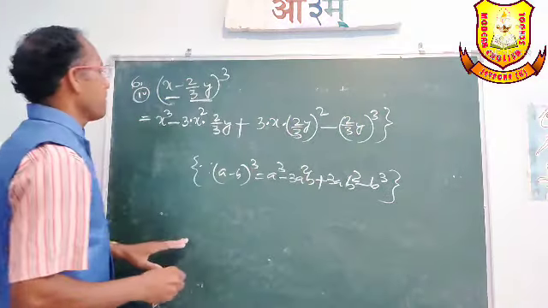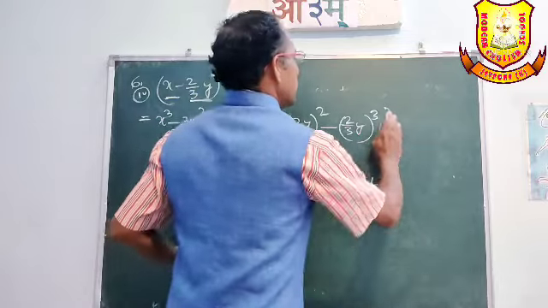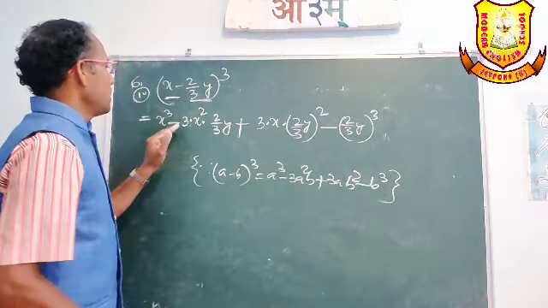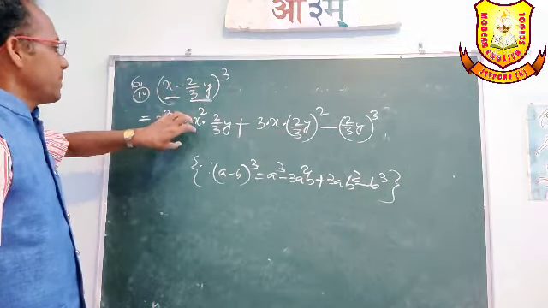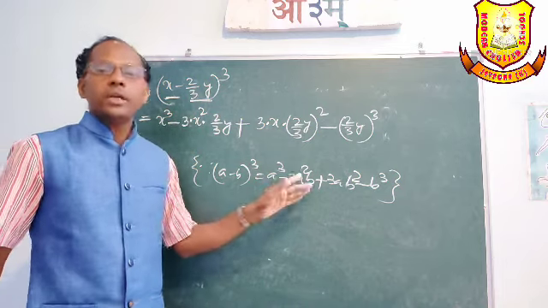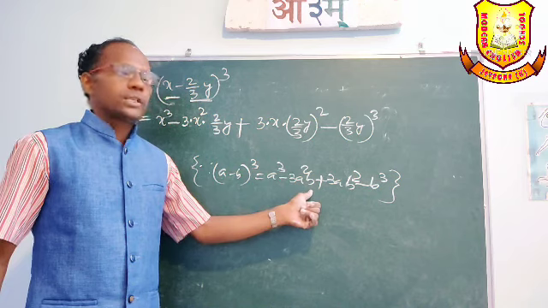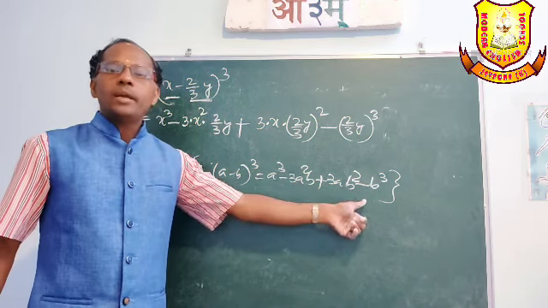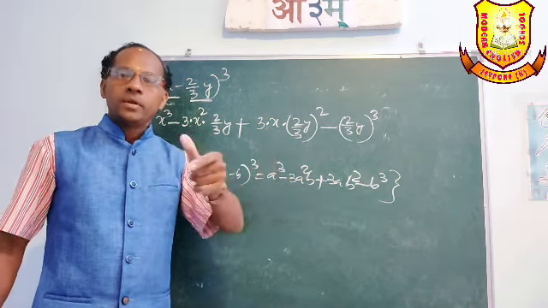This is the formula. This one is expanded according to this formula: a minus b whole cube equals a cube minus 3a square b plus 3ab square minus b cube.